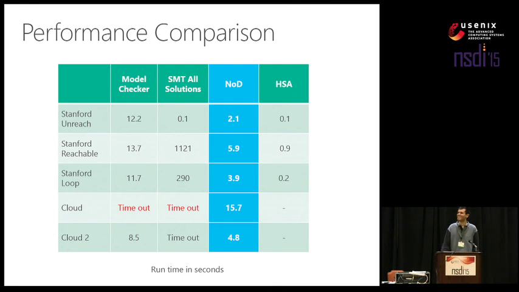So that 0.1, the solver got really lucky. If you see the next row, it's pretty bad. Since the first test case is unreachable, whether you want all solutions or one solution, it's the same, because you only have one solution, which is no. That's why the second row is way worse. It doesn't have to enumerate anything. Exactly.